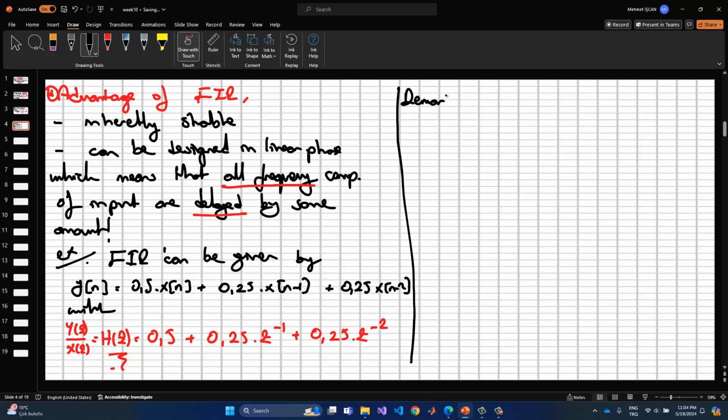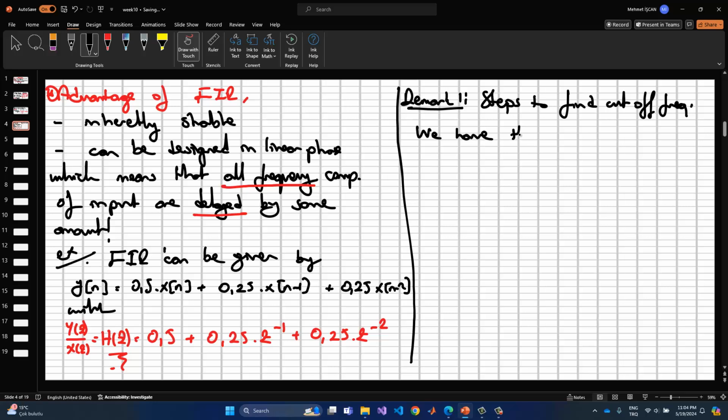After that, we should write a remark here. In order to design these filters, the step is to find the cutoff frequency. This is an important part, and we have a procedure for this.